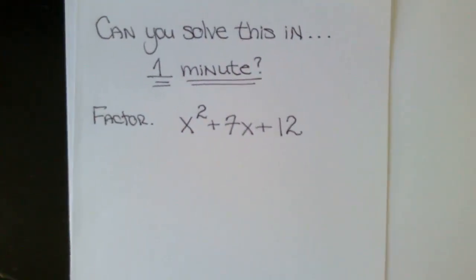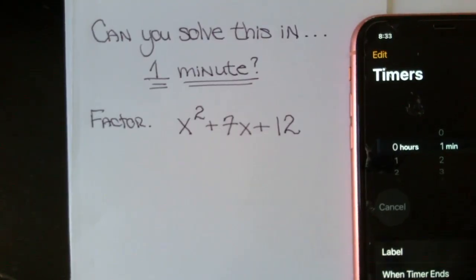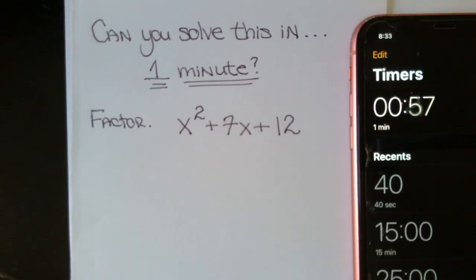All right, let's go. We got 2 more, and then I am done with the lives. Okay. So, see if you can factor this in 1 minute. Ready? Go. Hold your answers to the very end.